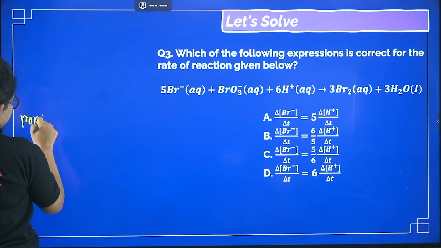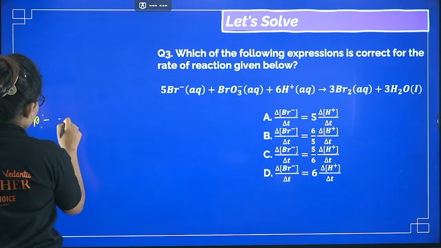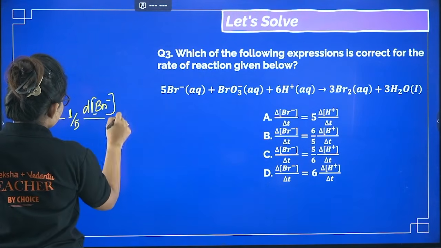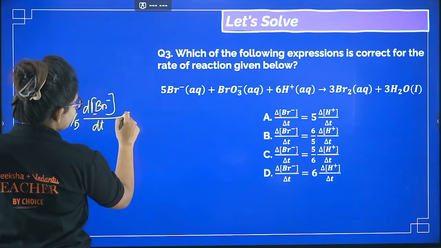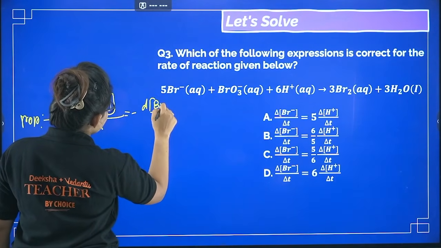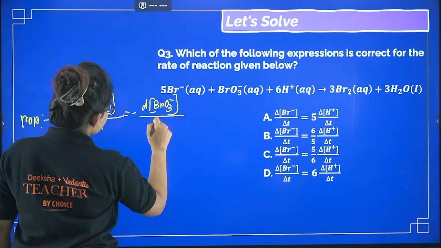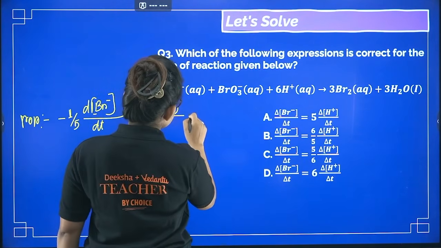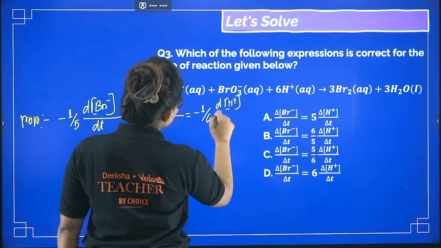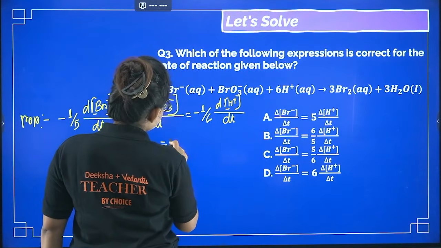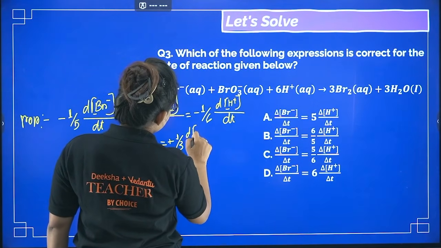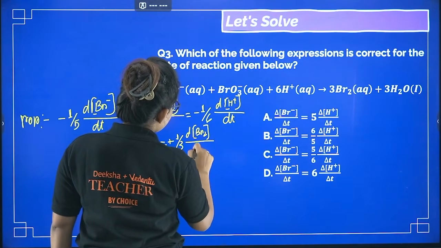So ROR for this reaction will be something like minus 1 by 5 d of Br minus by dt equals minus d of BrO3 minus by dt equals minus 1 by 6 d of H plus by dt equals plus 1 by 3 d of Br2 by dt.